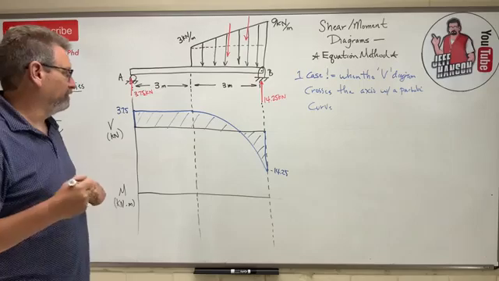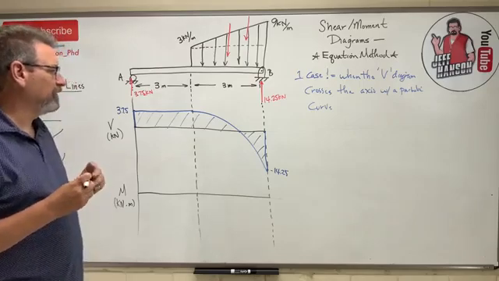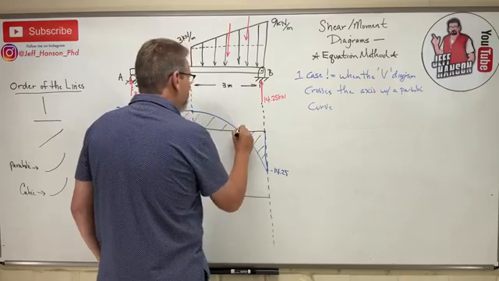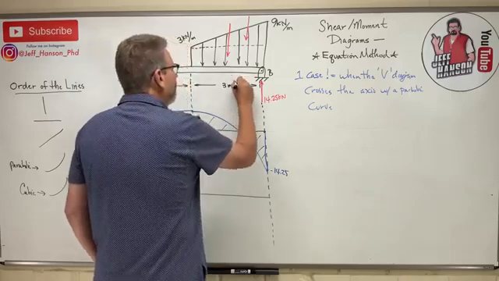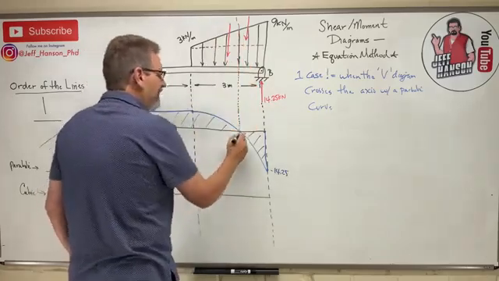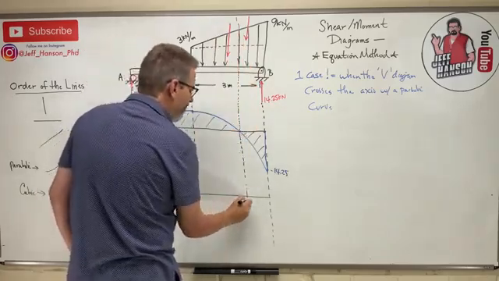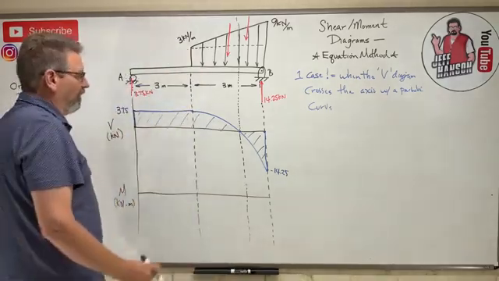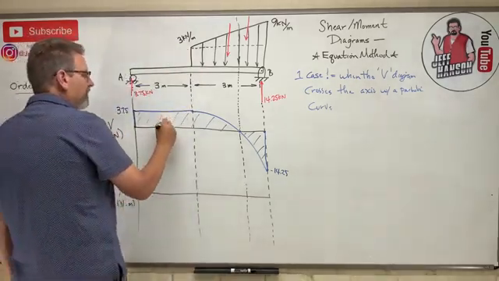So what are we going to do? Well, here's what I think we should do. We need to find this point right there, where that thing crosses the axis. Because now this curve down here, all day long, I can construct the curve. That's easy.